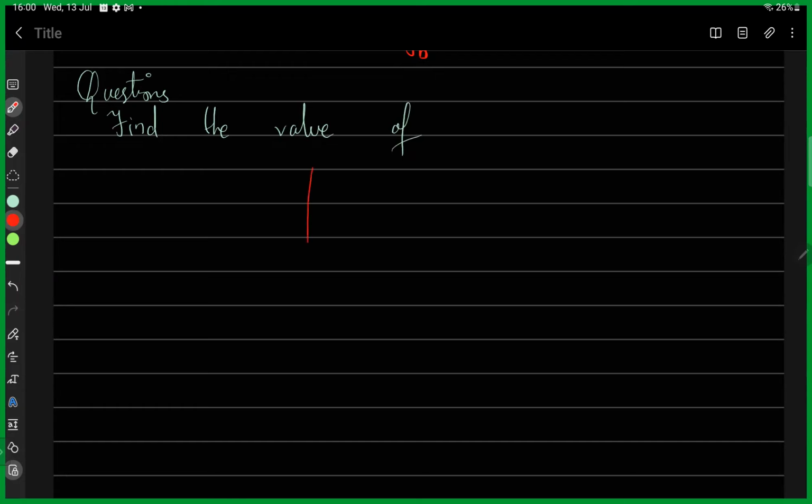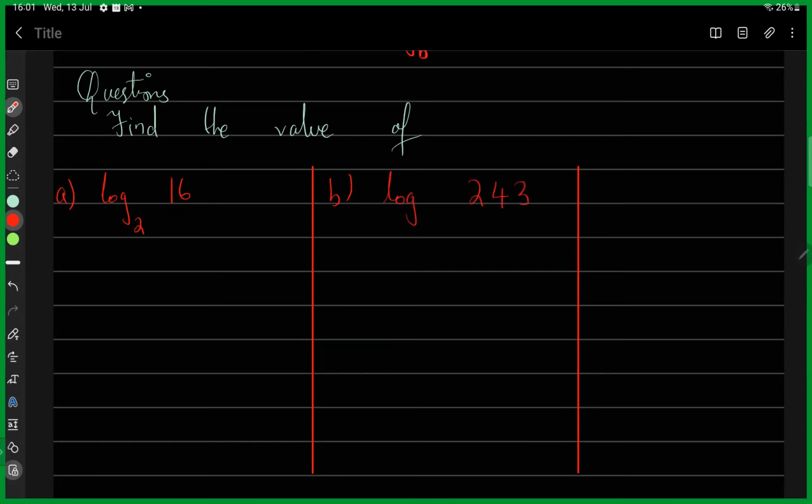Let's talk about 3 questions over here, just so we are able to see multiple examples of the same type. Part A says log 16 with base 2. Then part B is log 243 with base 3. And then the third part says log 1000 with base 10. Let's talk about the solution of these questions, okay?